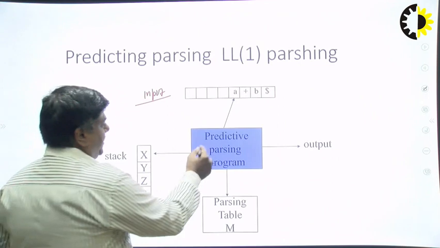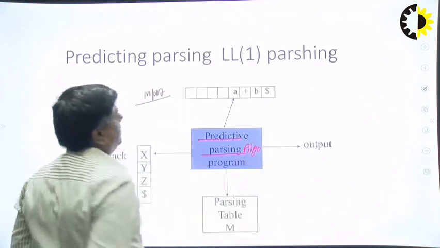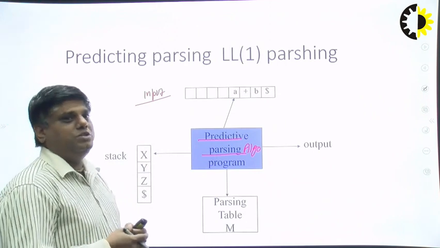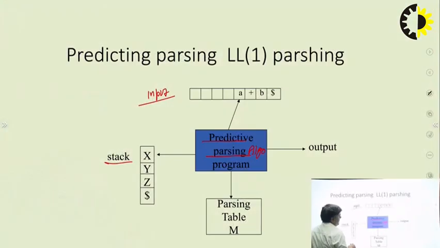With the help of the predictive parsing algorithm, we read this input symbol, and with the help of the stack and the predictive parsing algorithm, we generate the parsing table. This is a very important table for LL1 parsing.